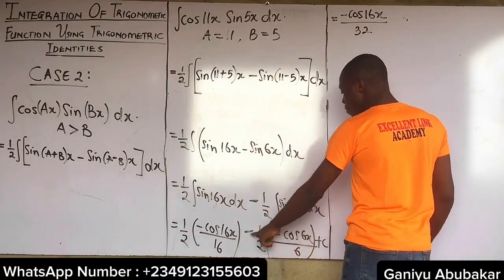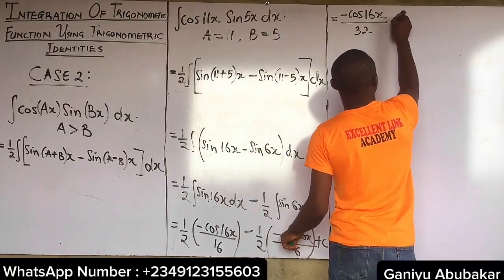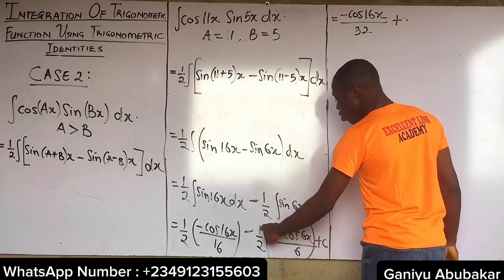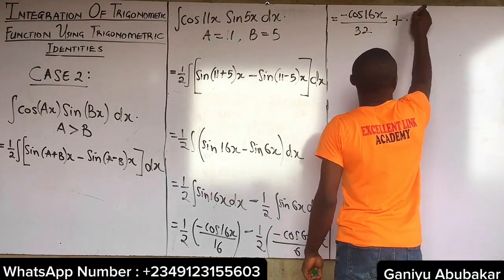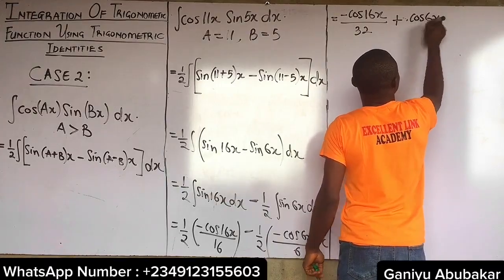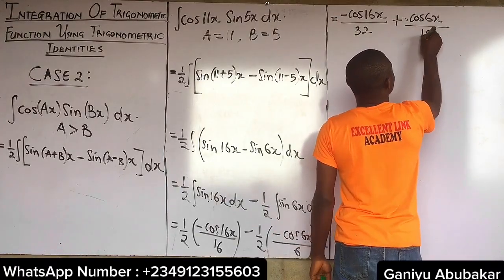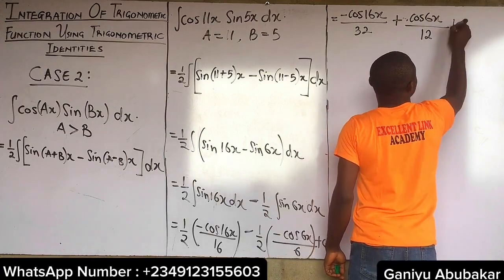I'm done with this. Minus minus is plus. Of course, observe, minus minus will give plus. 1 times cos 6x will give cos 6x, all over 2 times 6, which is 12. Next up, plus c.